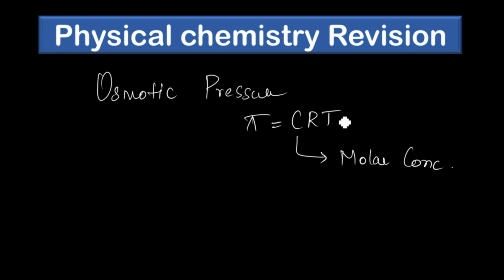R is the gas constant, T is our temperature. Mostly the gas constant value we use here is 0.0821 liter atm per Kelvin. Sometimes they may use our normal value, 8.314 joule per Kelvin per mole.